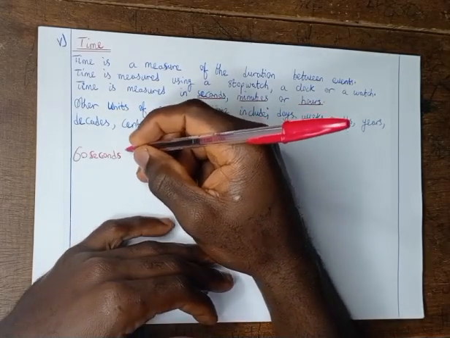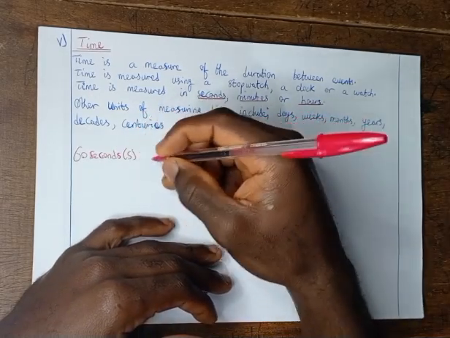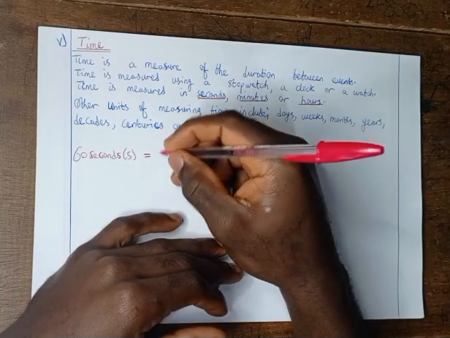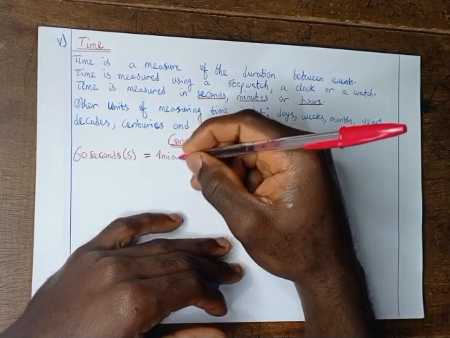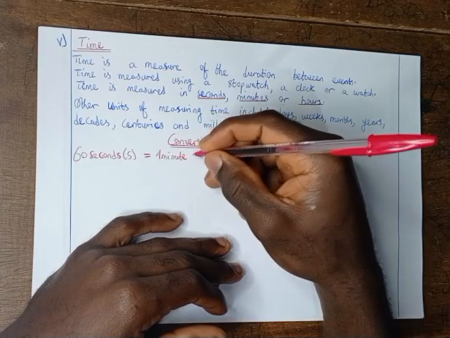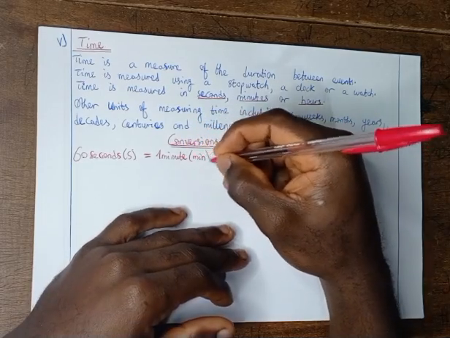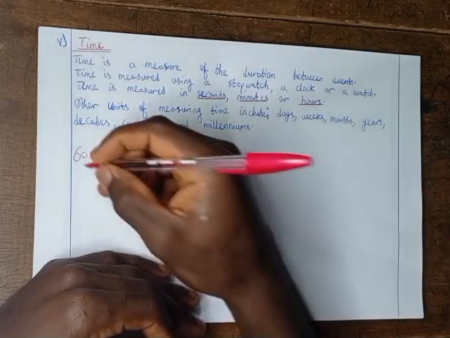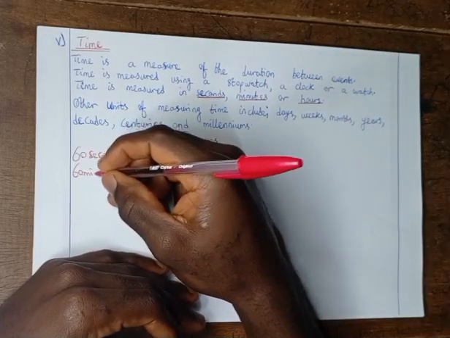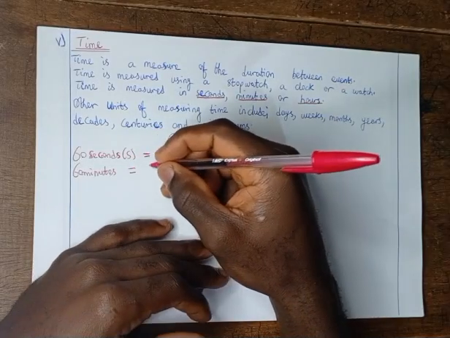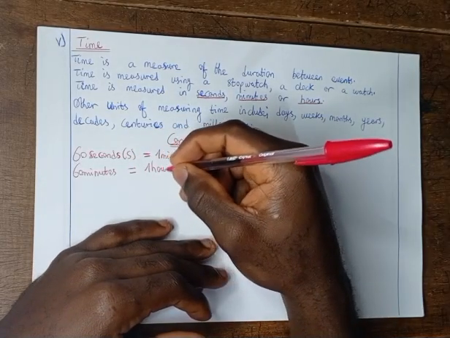We abbreviate seconds by making use of a lowercase s, equals 1 minute. We denote minute by using min. 60 minutes is equal to 1 hour.